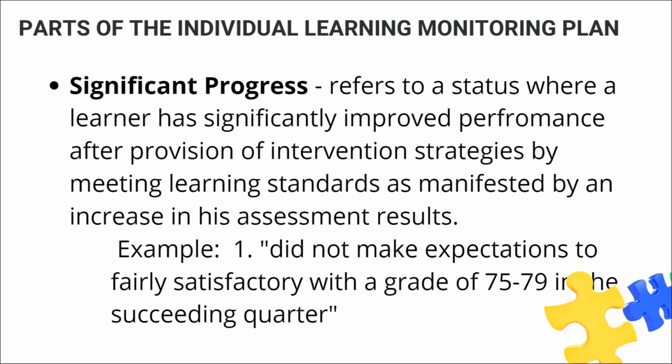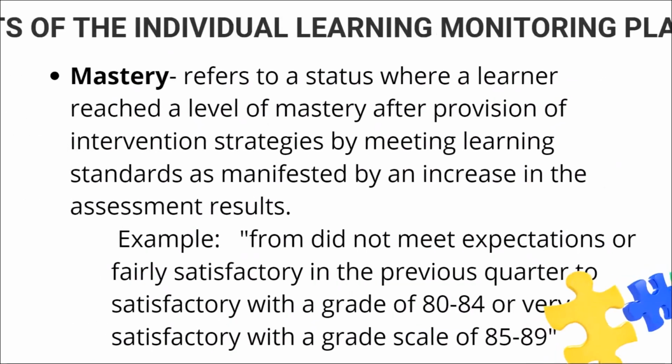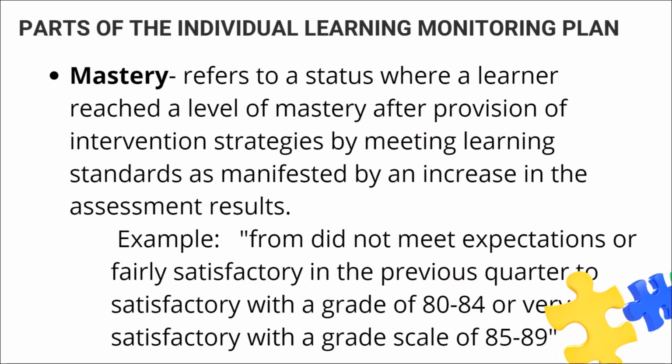Okay, so next is the mastery level. It refers to a status where a learner reaches a level of mastery after provision of intervention strategies by meeting learning standards, as manifested by an increase in assessment result. So in this case, from a failing grade, the child has already reached a satisfactory or fairly satisfactory grade.